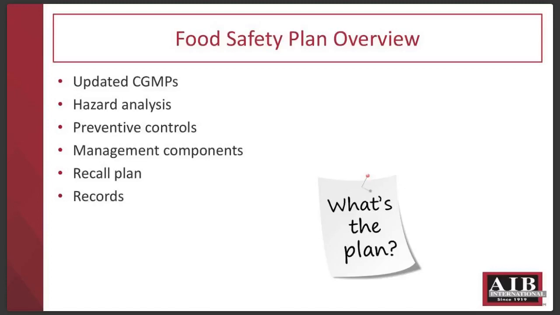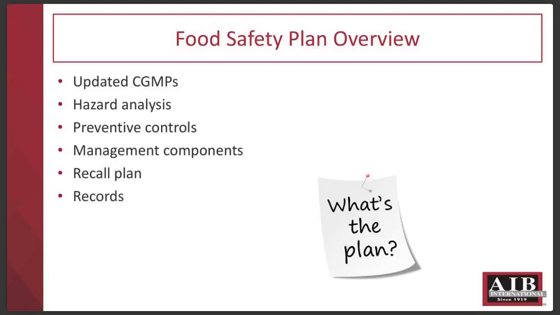It also requires us that when we did our hazard analysis, if we had significant hazards, then we needed to implement preventative controls. The possible preventative controls that we can implement are process preventative controls, allergen preventative controls, sanitation preventative controls, and supply chain preventative controls. And the last one is any others that we see fit. Could be maybe a maintenance preventative control or something like that.